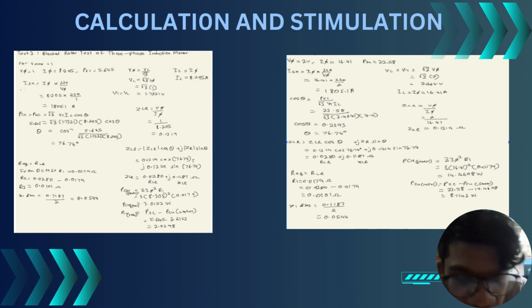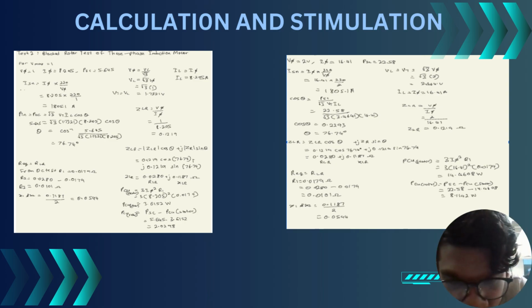So for ZLR, we should have the formula ZLR cos theta plus jZLR sin theta. We already get ZLR 0.1219 cos theta, just now we get 76.74, plus ZLR again 0.1219 sine theta again 76.74, and then we do the solution, we will get ZLR equals 0.0280 plus j0.1187.